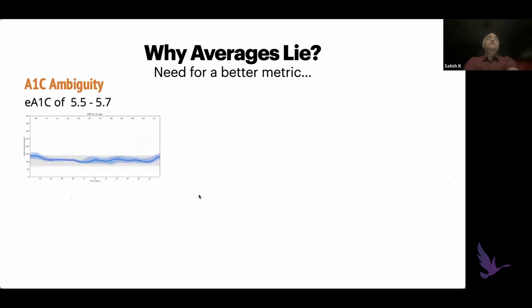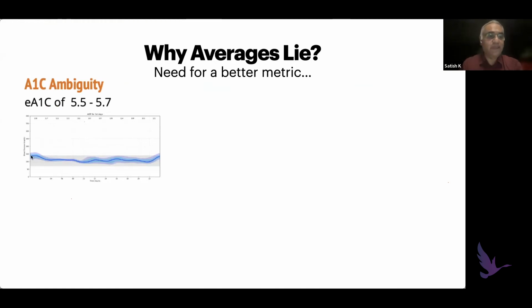Even if you look at data like HbA1c, which gives you a 3-month average, averaging is not a good metric for many types of problems. Why? This is the graph shown to you now. It is a graph for an HbA1c of 5.5 to 5.7.